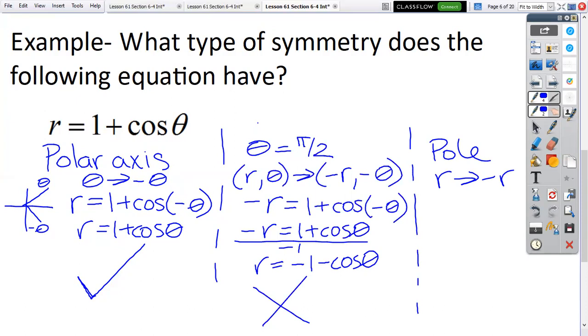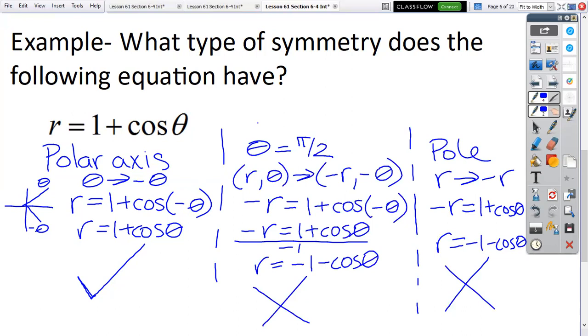Ooh, and that rational graph, you can picture flipping it, doing a double flip. It's a nice example of that. So we plug in negative r here. We divide by negative 1. And that is not the same. So we cannot say that that is symmetric.